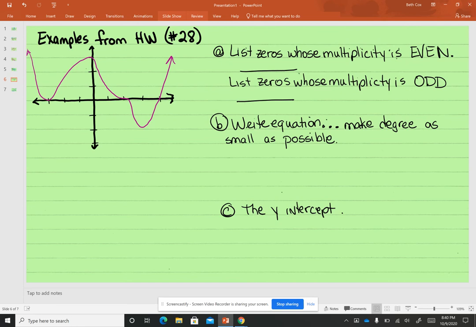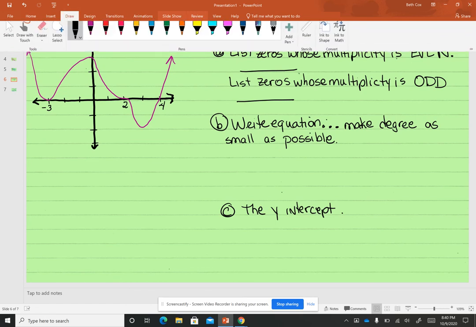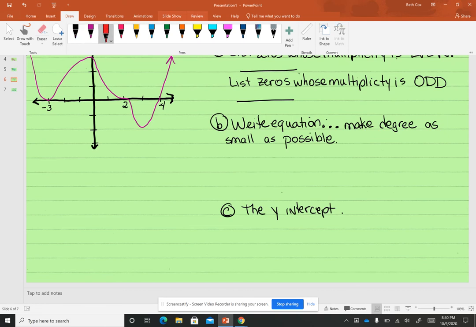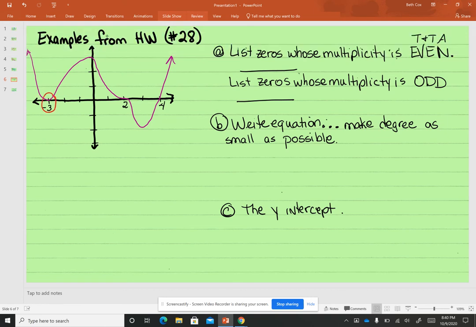If we look really close, we have a 0 here at -3. We have another 0 here at +2, and another 0 here at 4. Now remember, even is touch and turn around. When we look at our graph, this one is touching and turning around. This one's going through, kind of funny.